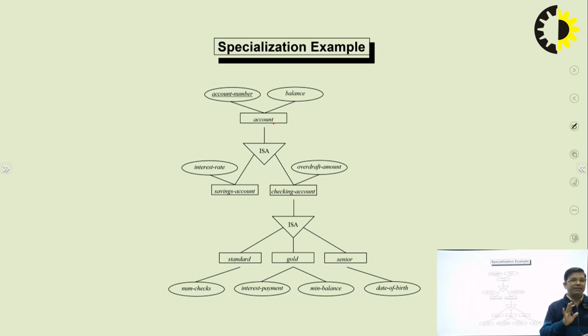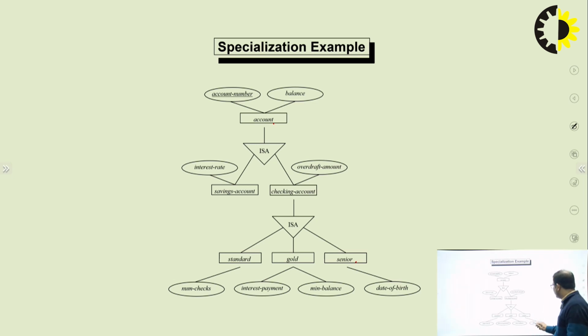And keep in mind that the attributes of this account can also be the attributes of this senior account also, with some additional ones. For example, if we are keeping this a senior account, then its date of birth is mentioned, because it is the only way that we can find that this is a senior account.